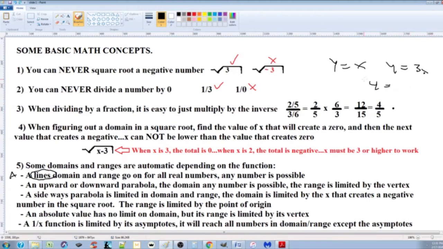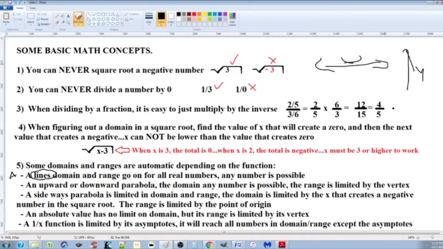Whatever creates a line, it'll create a line of some kind, doesn't matter which way that line is going. That line will have x values that go on forever and y values that go on forever, which means x can be any real number and y can be any real number. So lines have no limitations.